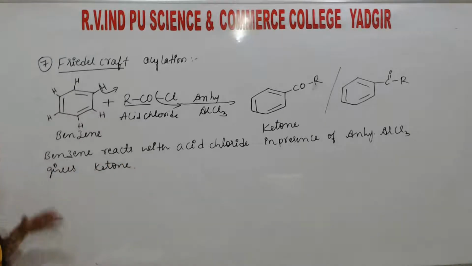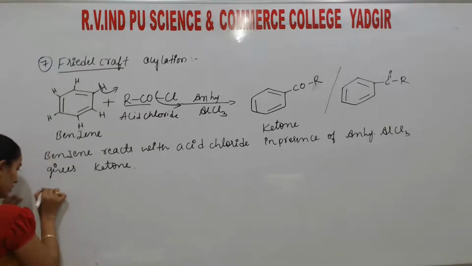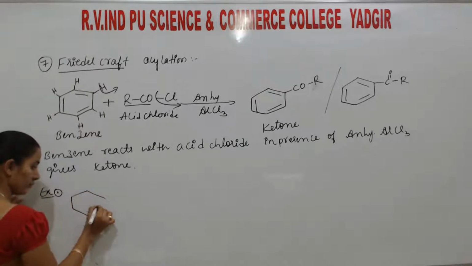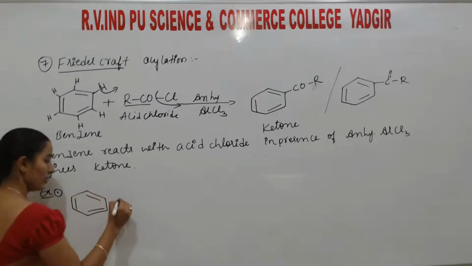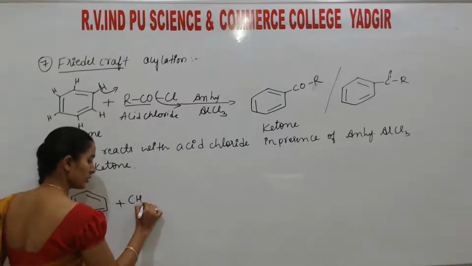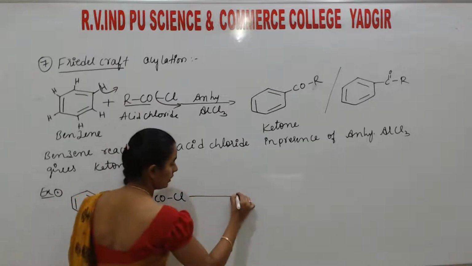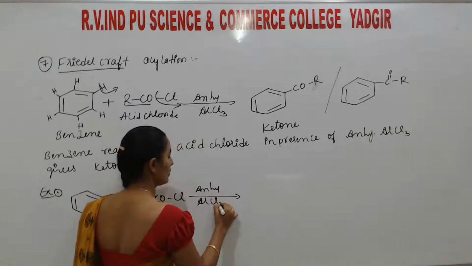So students, if you take an acyl group by substitution, I take an example. This is example 1. To this, you take CH3COCl in the presence of anhydrous aluminium chloride.